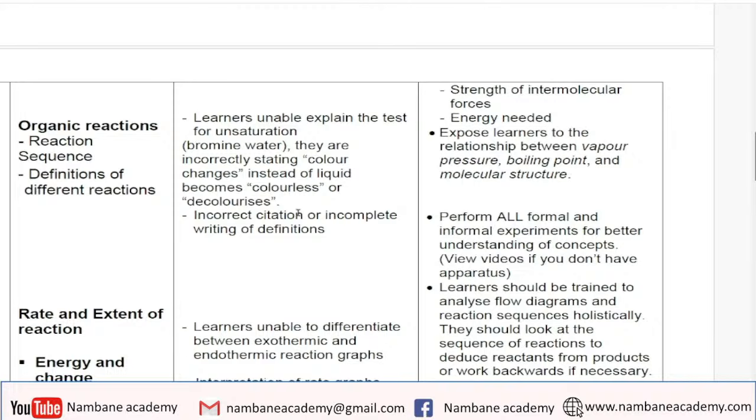Don't say there is a color change. Color change from where to where? You must be specific and tell us this one becomes colorless, because we know bromine water is brown, so it will move from brown to colorless and the like. So please talk about the exact observation that is made during a practical. That is very, very important.